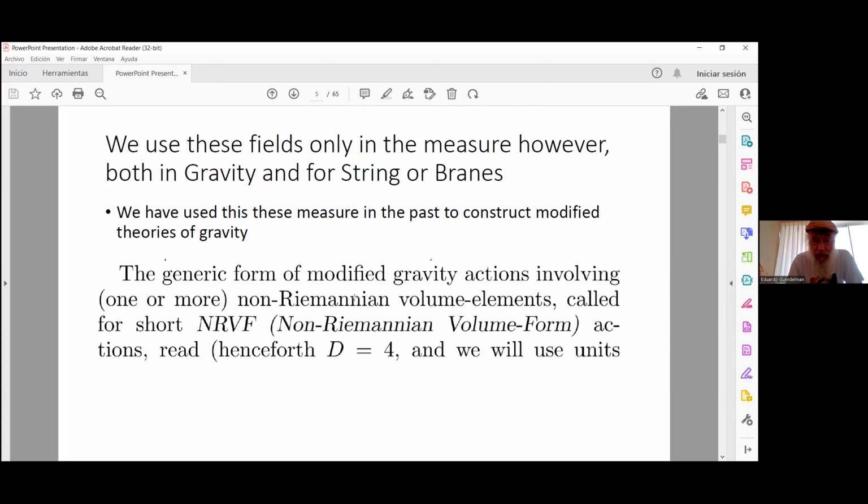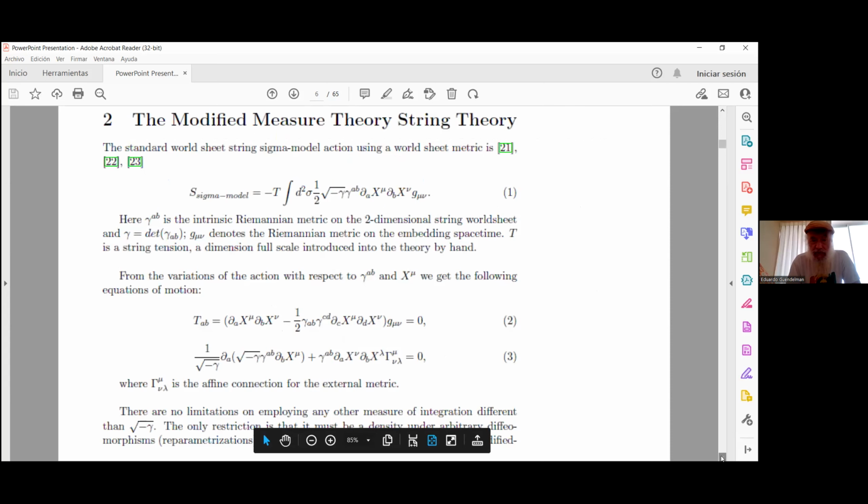In gravity, this actually produces some integration constants that are related to a floating cosmological constant, or these integration constants can change the potentials.